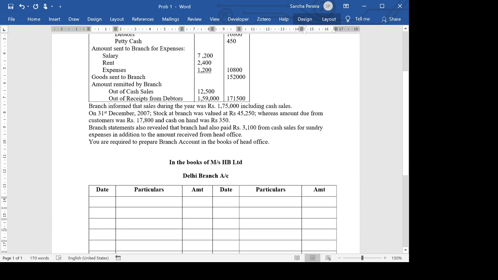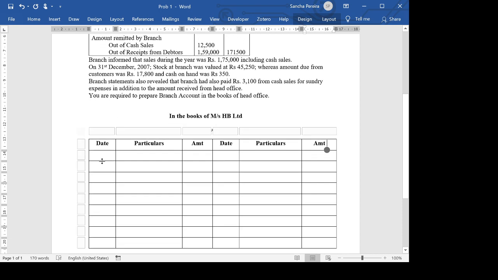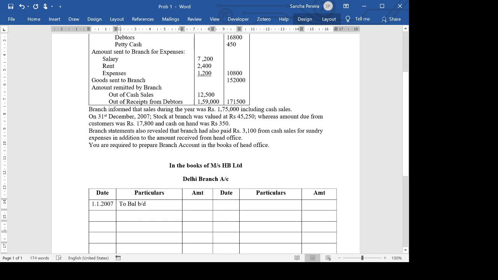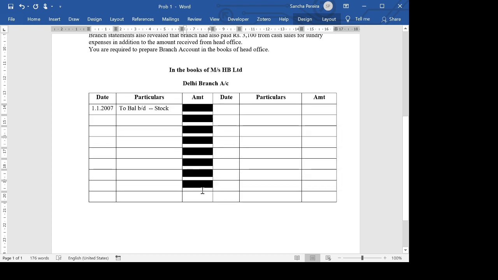Okay, so we start with the opening balances. 31st December 2006 would be the closing balance of the previous year, which would be the opening balance of our year. That becomes 1st January 2007. Balance brought down. So we have stock, which is 38,000.